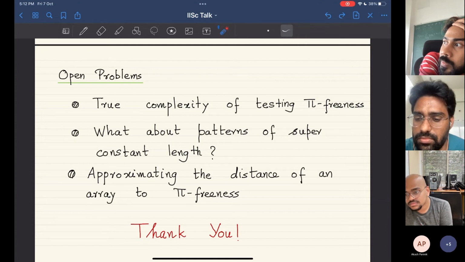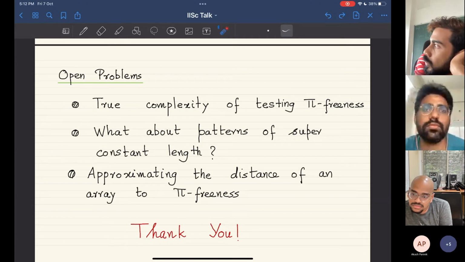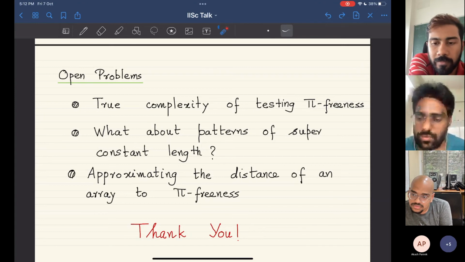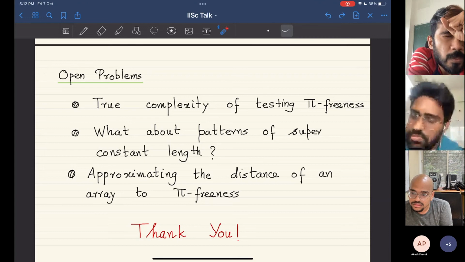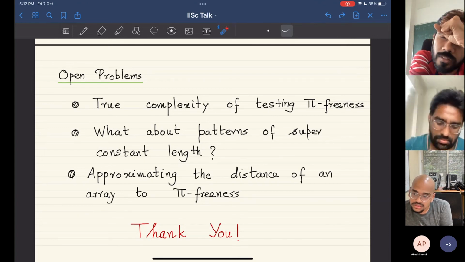It's clear what is a 3, 2, 1, 4, 5 free array of length 5. Now, what is something that is epsilon far?